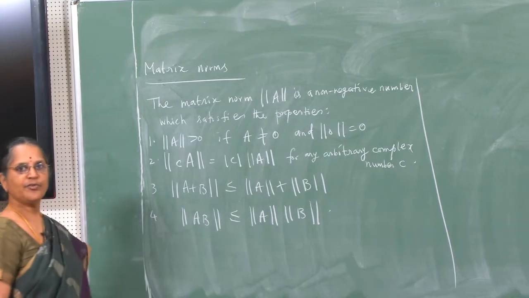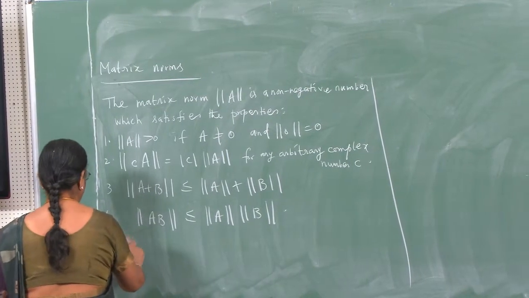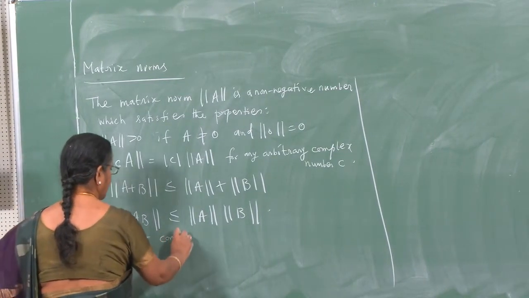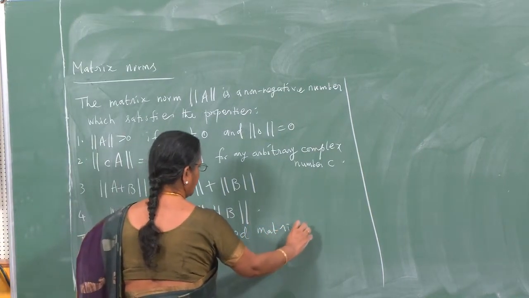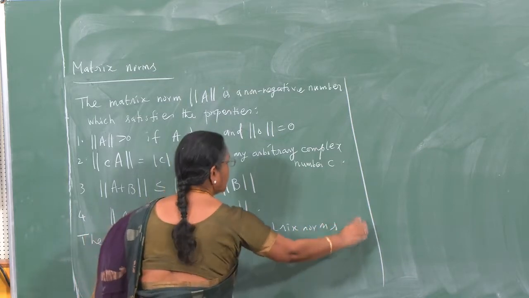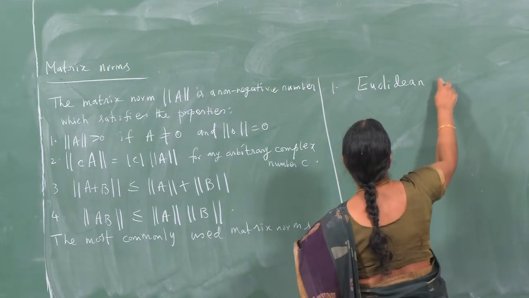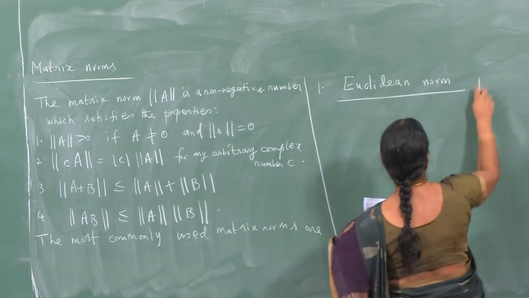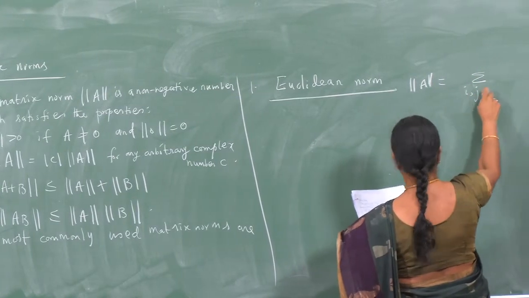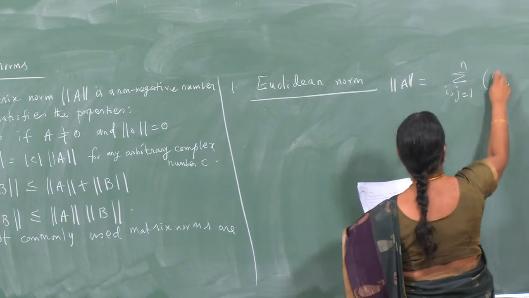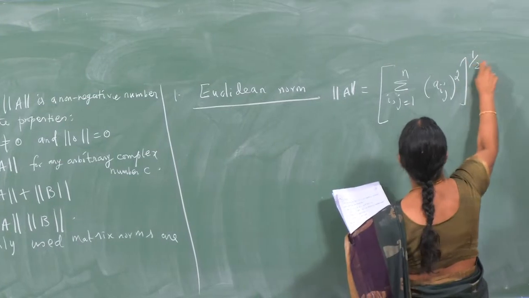So, now let us introduce the most commonly used matrix norm, say the Euclidean norm, denoted by norm A, and that is sigma i, j running from 1 to n of a_ij square, the whole to the power of half.